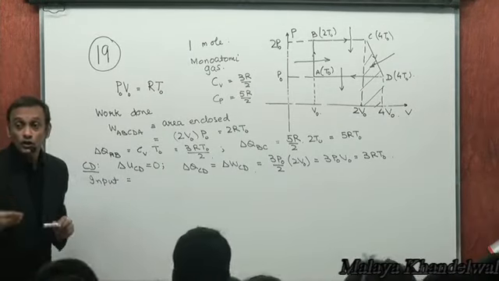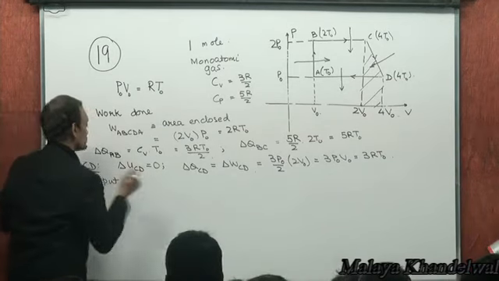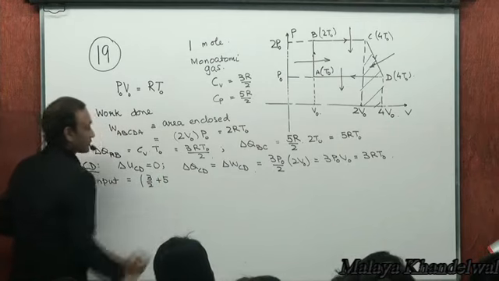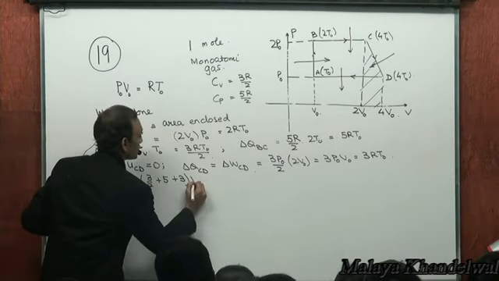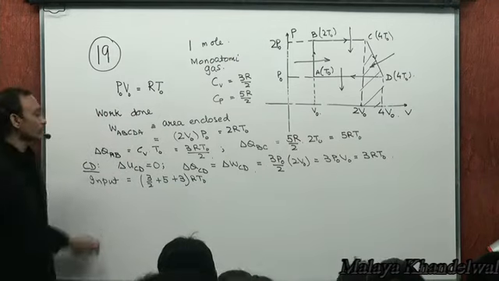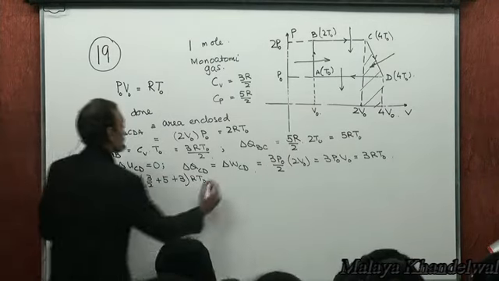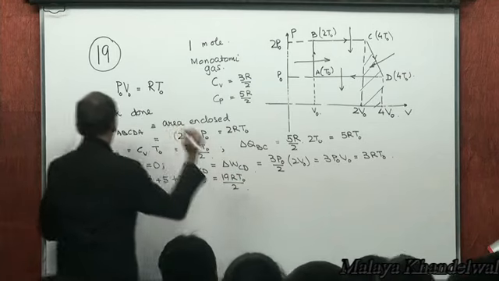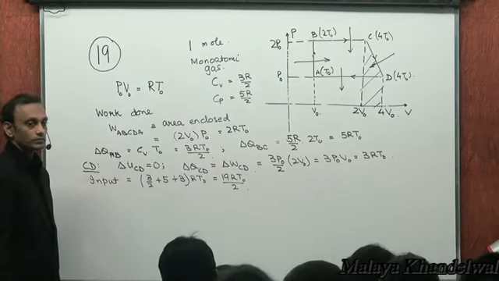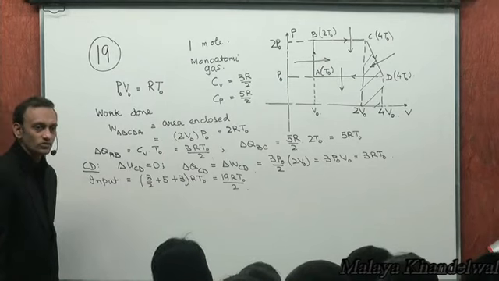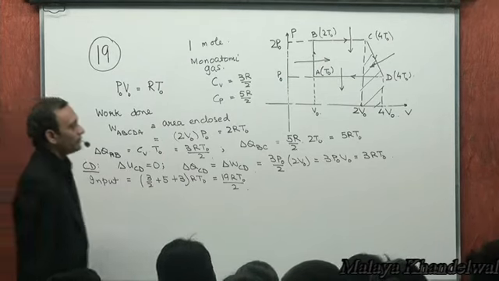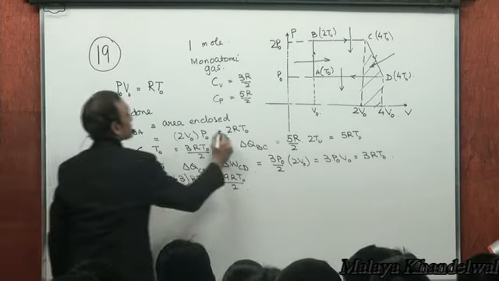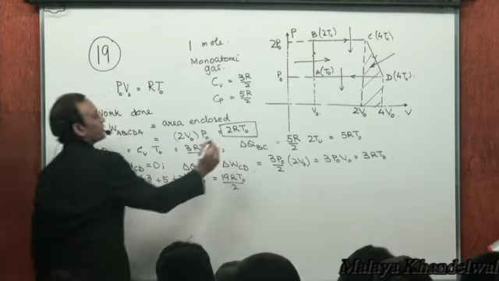That is 3 by 2 plus 5 plus 3, RT0, which is 19RT0 by 2. That's the input. And the output of the cycle is the work done by the cycle, which is 2RT0.